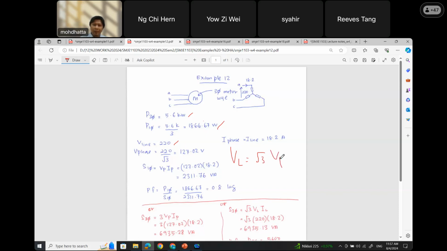This is in terms of its magnitude. The magnitude of V line is also equal to root 3 times VP. So that's why I have it here, the V phase as 127.0.